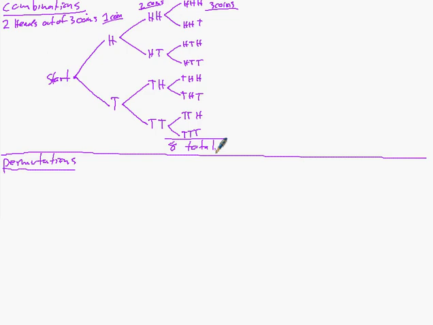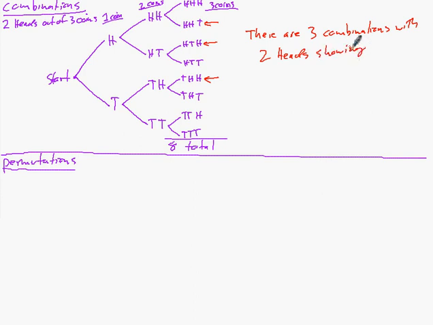If we're looking for 2 heads out of the 3, well, we can look down and say, all right, there's 2 H's, there's 2 H's, and that looks like the only ones. So there are 3 combinations with 2 heads showing.